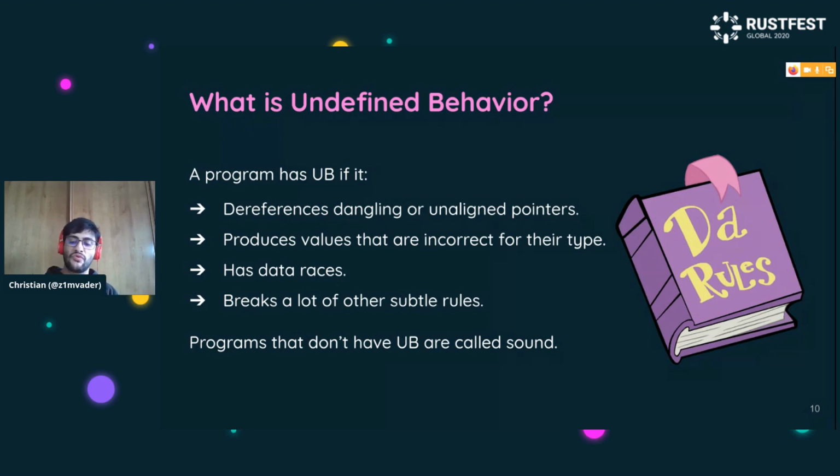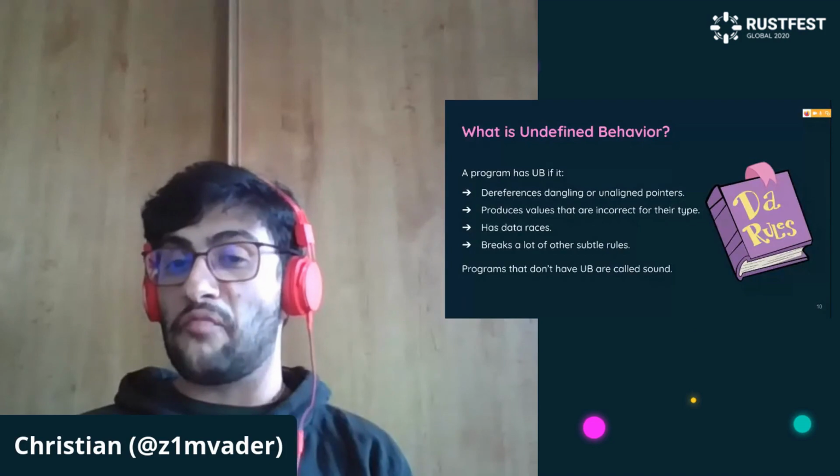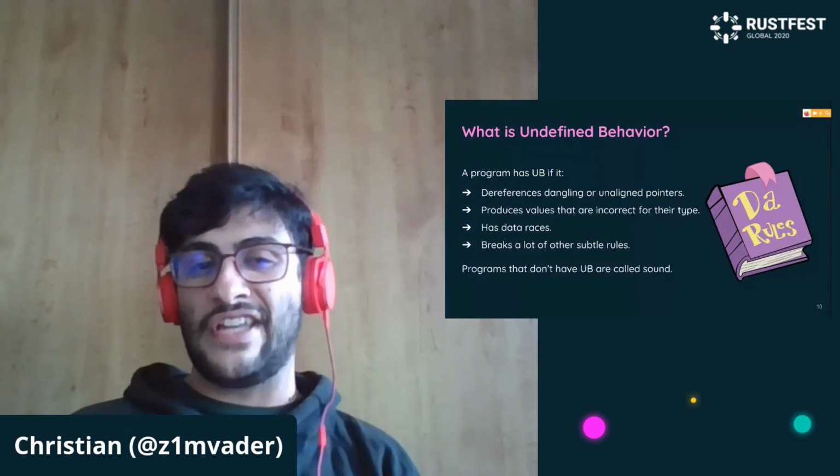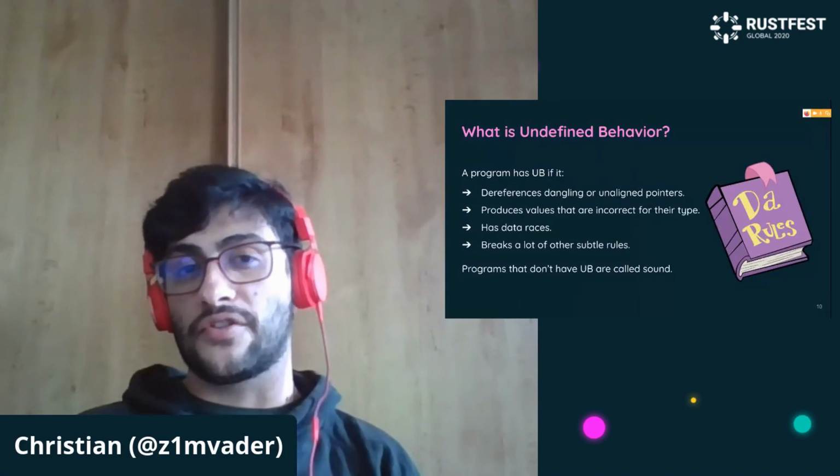The programs we write need to meet certain conditions so the compiler can compile them into what we want. If we break any of these rules, we say we're causing undefined behavior. As Stefan said, this is a way of saying that there is something not specified by the compiler in a clear way, the compiler is trusting that to happen, and if you break that rule, then you're causing undefined behavior.